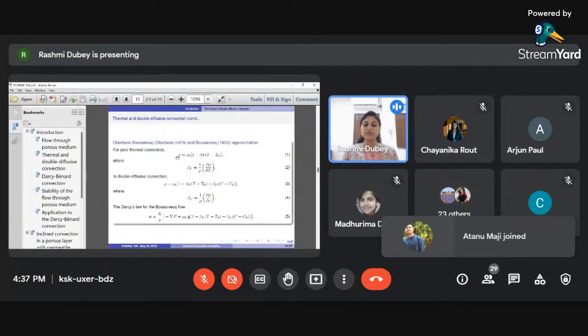But when we have a double diffusive system, meaning we have both the components, temperature as well as solute concentration, then it looks like this. So in that case, the density is linearly dependent on both temperature and the solute concentration. And we use this approximation when we talk about naturally convected systems.